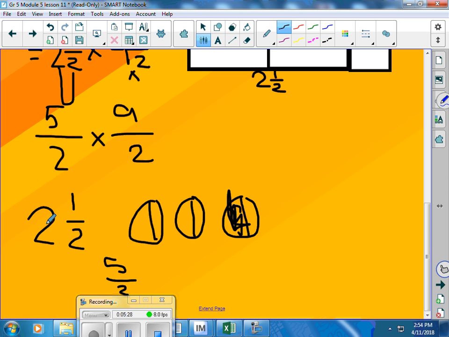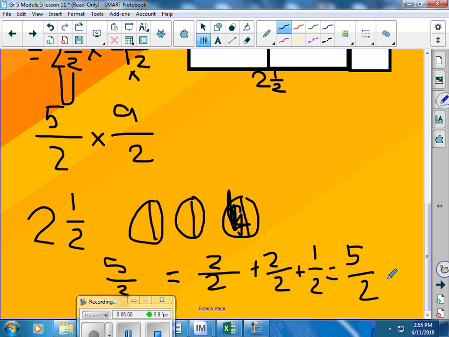Or I could say that if I'm talking about a denominator of 2, 2 and 1/2 would be five 1/2s, right? That would be 1/2 plus 1/2 plus 1/2 plus 1/2 plus 1/2, and I would get 5/2.